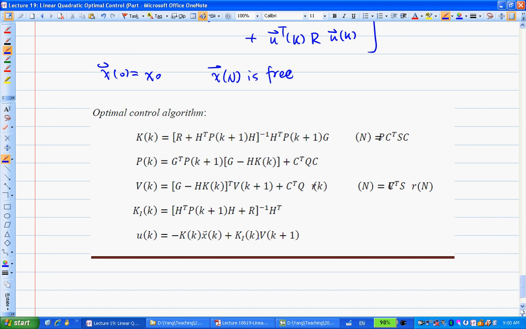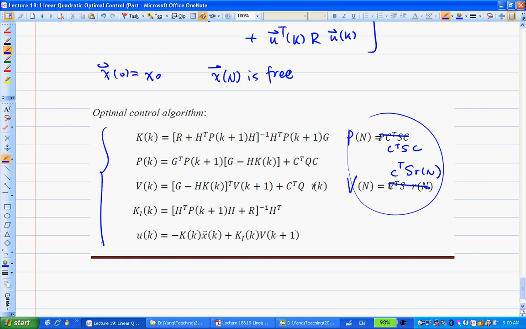I'm not sure why strange things happen here. This is a P here, and this is V. This is C transpose S R of N. And this is C transpose S C. So implementation is not that bad, particularly if you use Simulink and you offline calculate what the K is, what the Ki is, then you can implement.